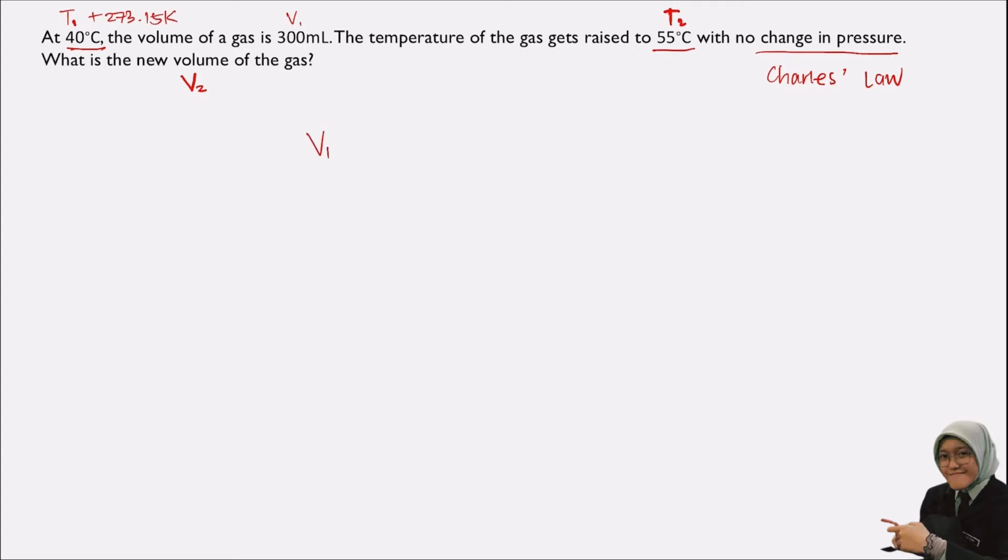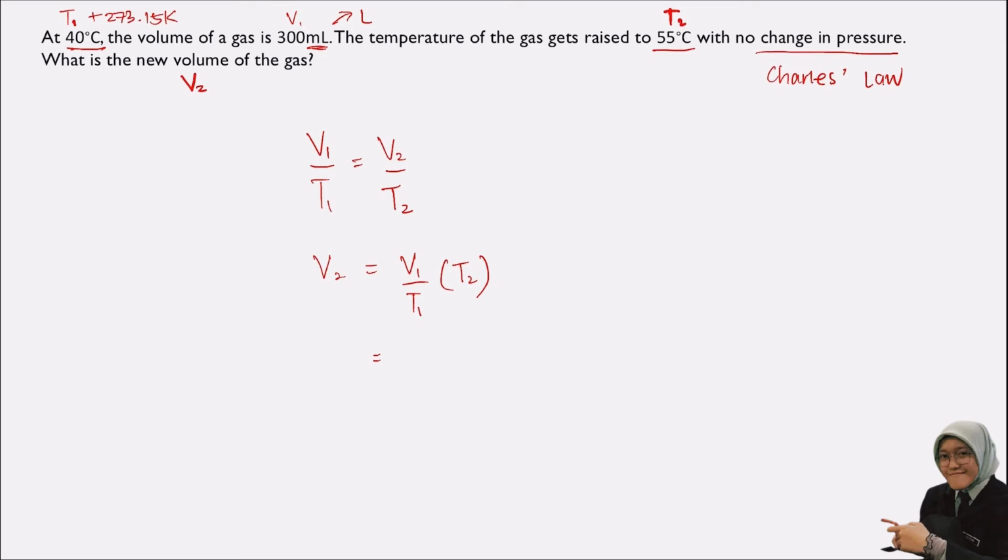V initial over T initial equals V final over T final. We are given all but the new volume, which is V final. To find the new volume, we rearrange the equation: V final equals V initial over T initial times T final. We can convert the volume, which is in milliliter, to liter.